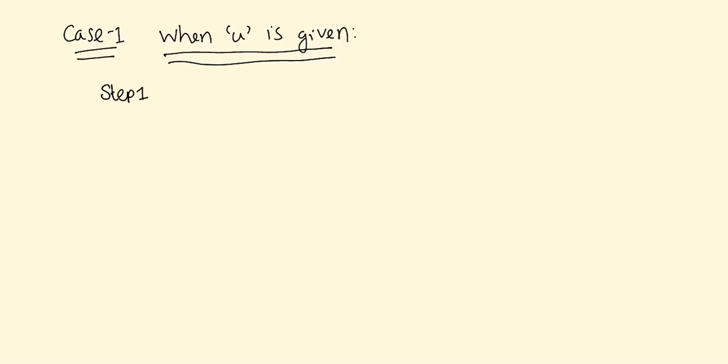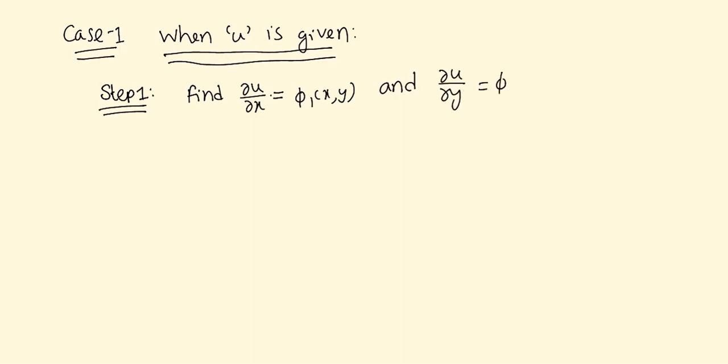Step 1: find del u upon del x, name this phi 1 function of xy, and find del u upon del y, name this phi 2 function of xy.